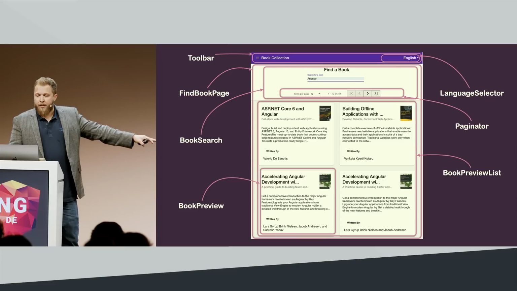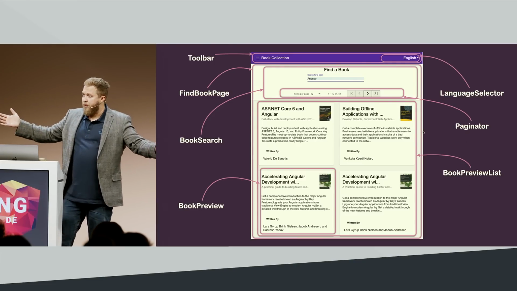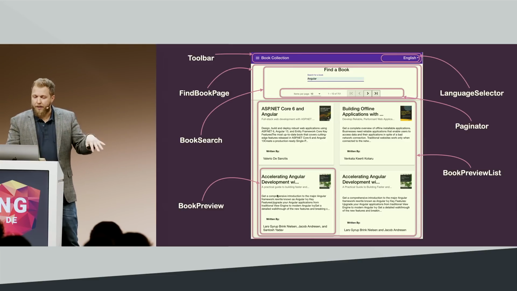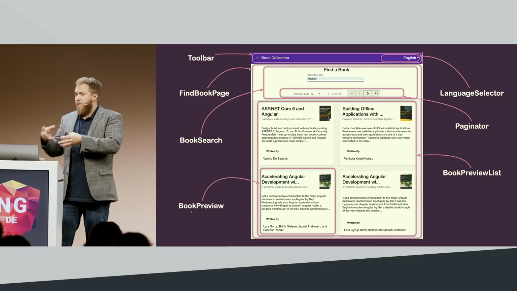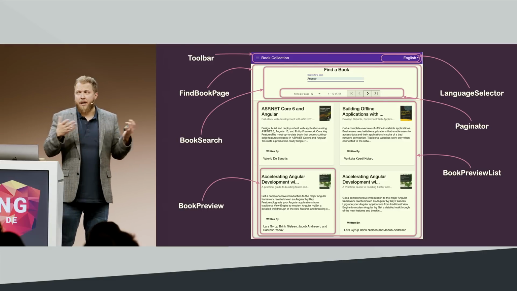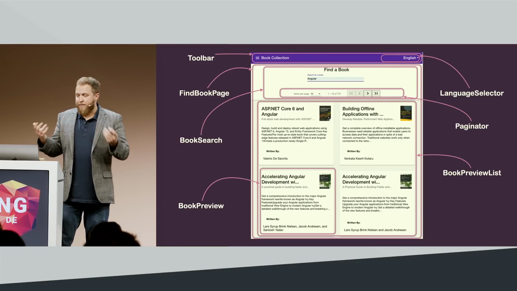And the second part is the book preview list, which is a larger component. This component is actually reused, so anyhow, this is a large component. And then book preview itself is a small component with the actual books, right? So fairly straightforward. And again, I need an example that shows the usefulness of it.